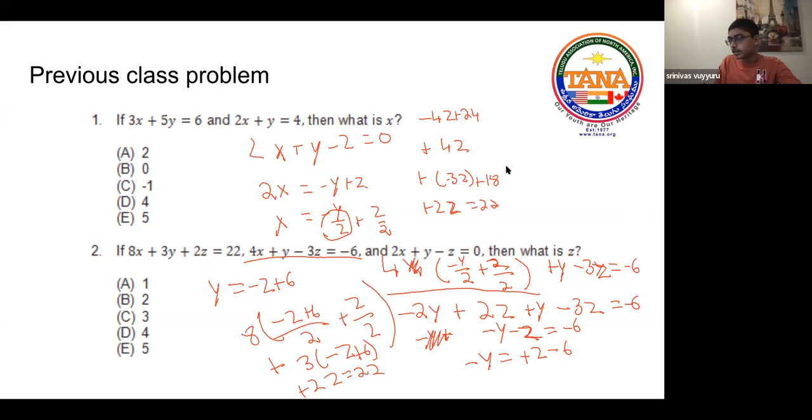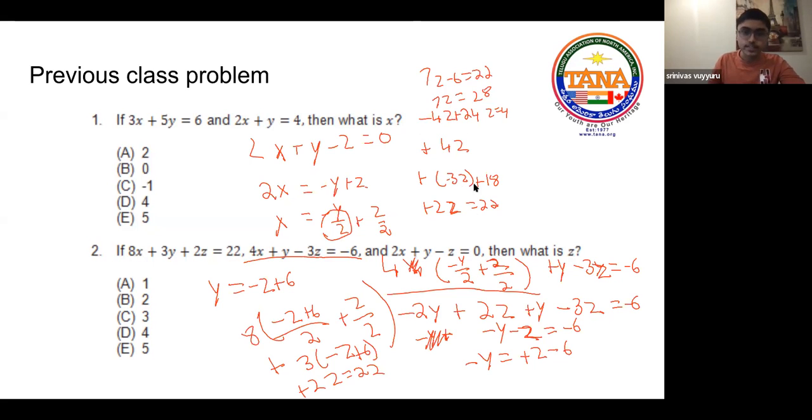And if you simplify all of that, you get 7z minus 6 equals 22, which I'm pretty sure is what it goes up to. Or I might have missed a step, because that's what you should get. And then you get 7z equals 28 and z equals 4.